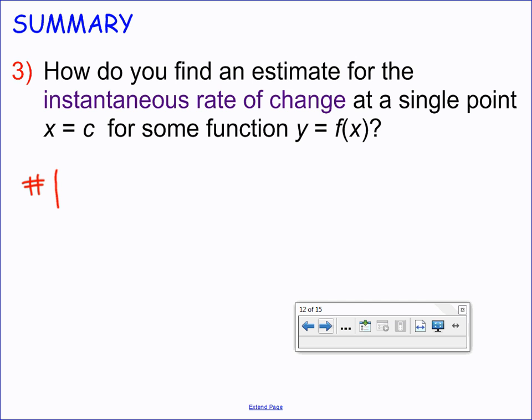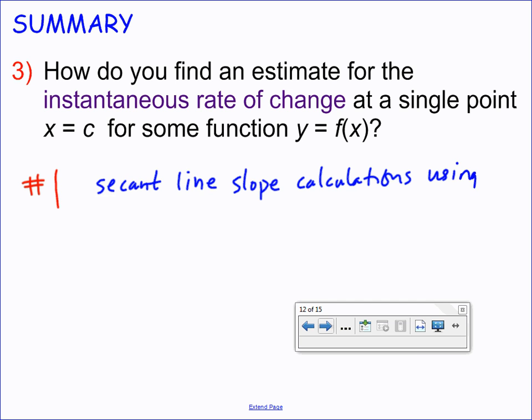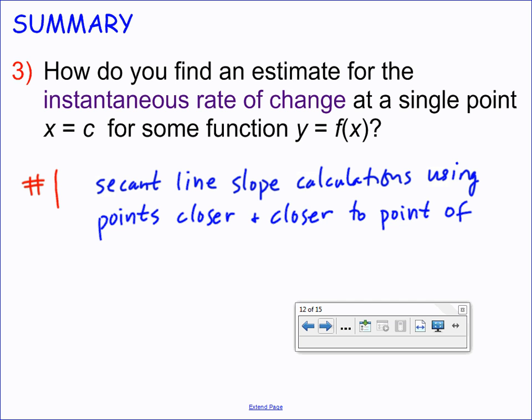So one method would be to perform secant line slope calculations using points closer and closer to the point of concern.